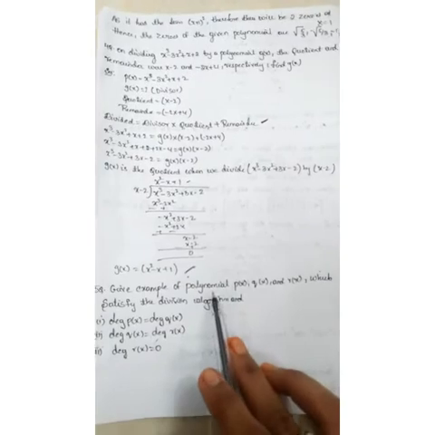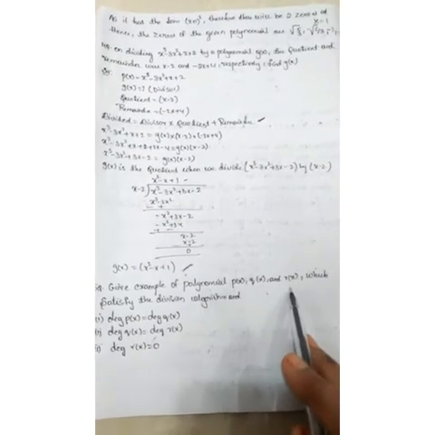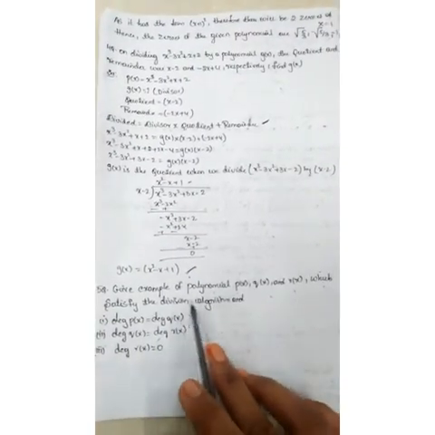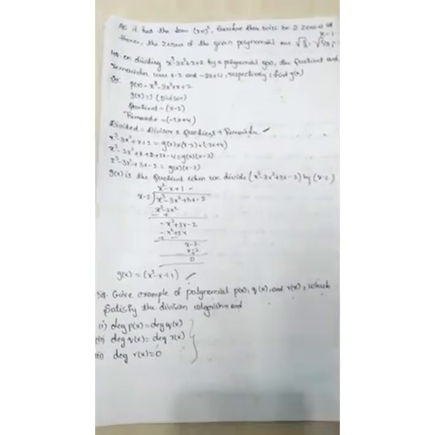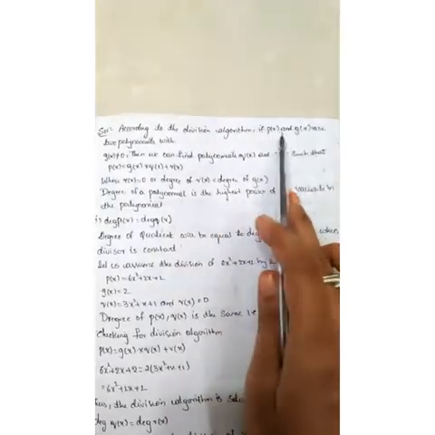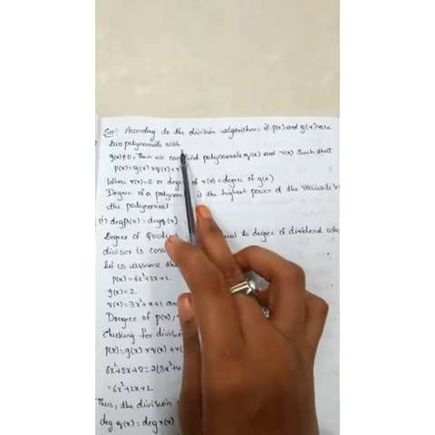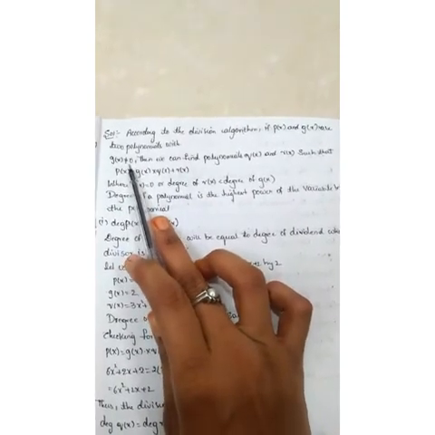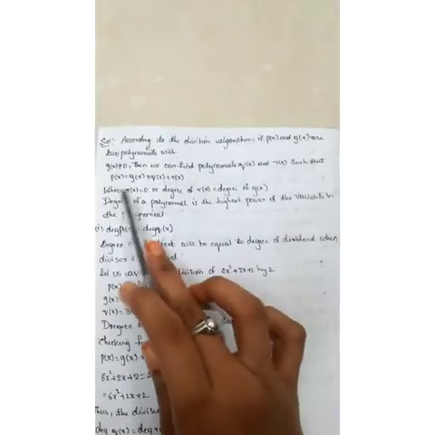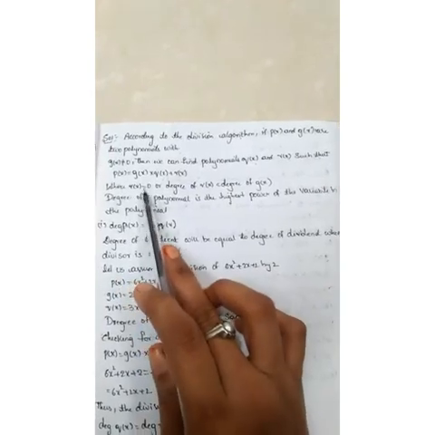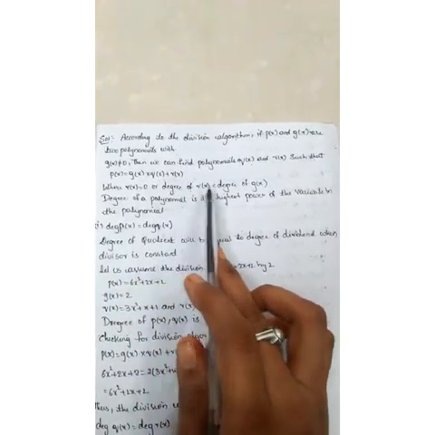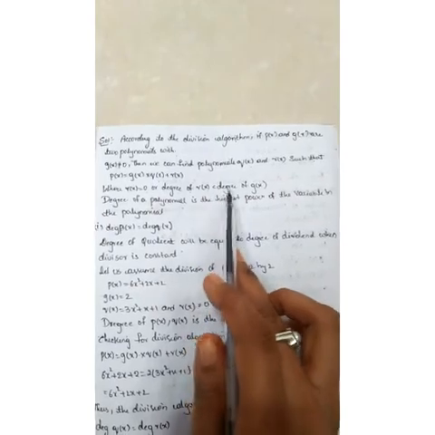Give examples of polynomials p of x, q of x and r of x which satisfy the division algorithm. According to the division algorithm, if p of x and g of x are two polynomials with g of x not equal to 0, then we can find polynomials q of x and r of x such that p of x equals g of x into q of x plus r of x, where r of x equals 0 or degree of r of x is less than degree of g of x.